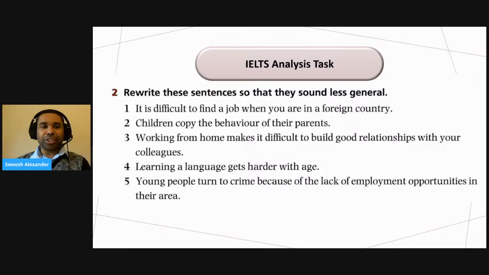So if anyone has a suggestion on this in terms of how we could modify this sentence to make it more precise, so it sounds more academic, then please let me know in the chat box. There's more than one possibility. So let me know what you think.